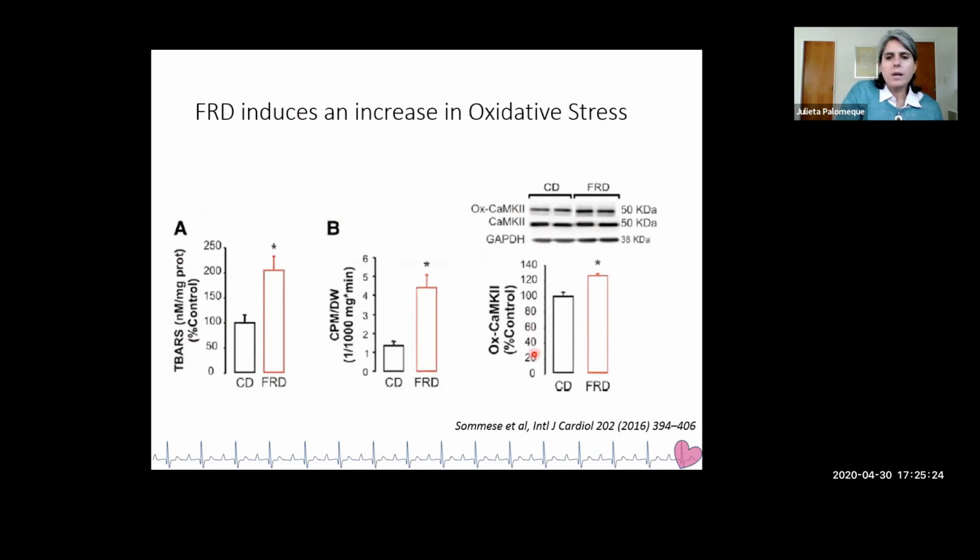So we thought that CaMKII is oxidized by the metabolism of this fructose-rich diet, and then it is phosphorylating ryanodine receptor, making the SR leaky.